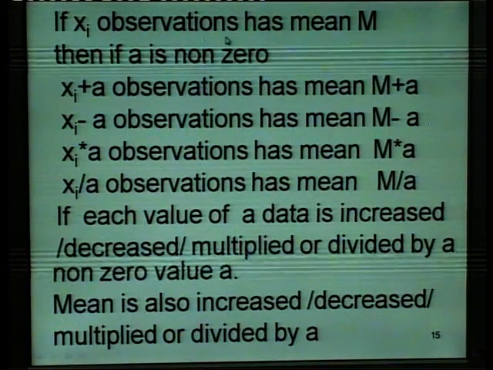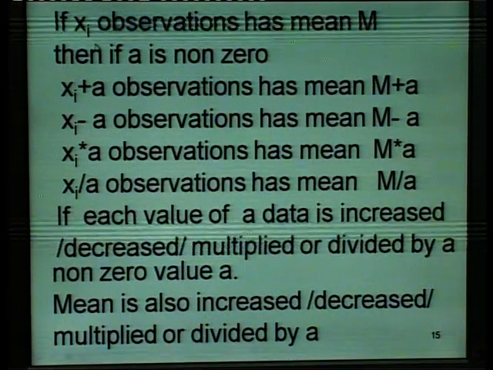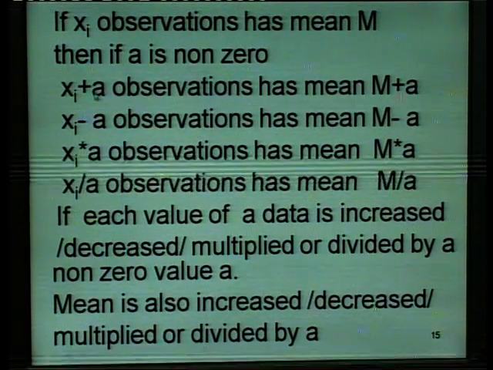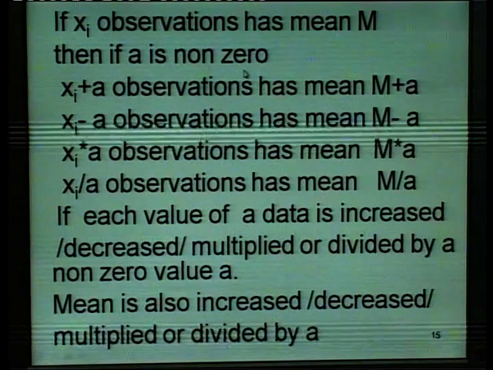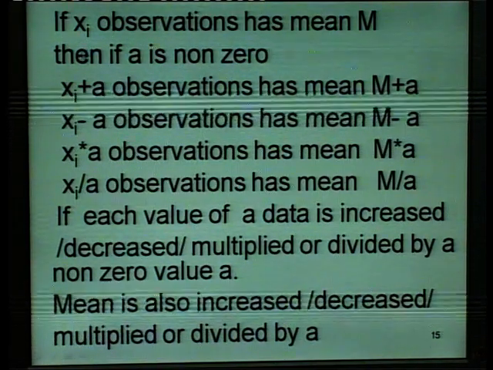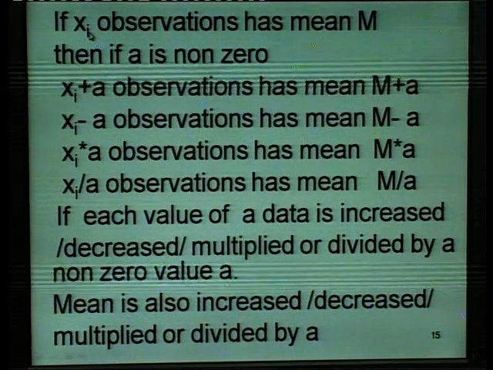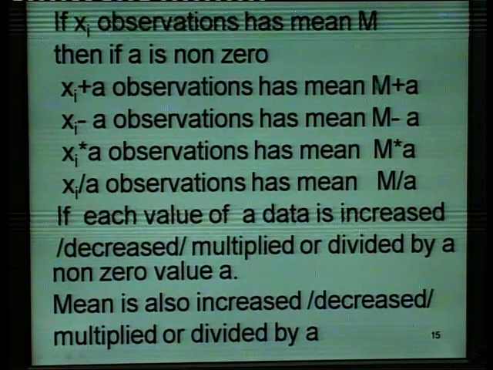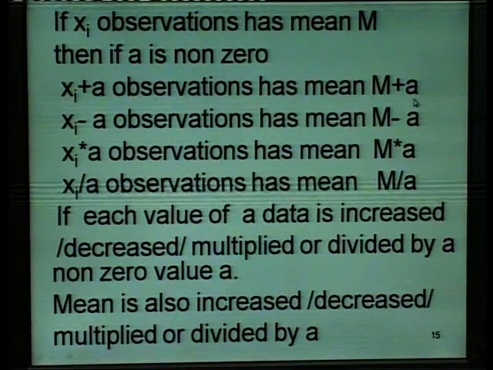If x1, x2, x3 are observations and this data has observed mean m, and a is another non-zero number. If we add a to each observation, then the mean will also be added with this number.